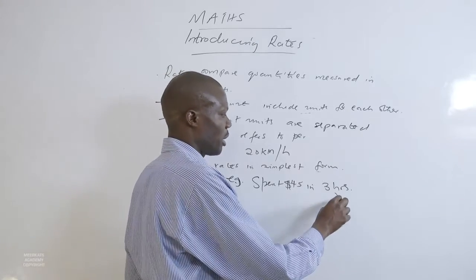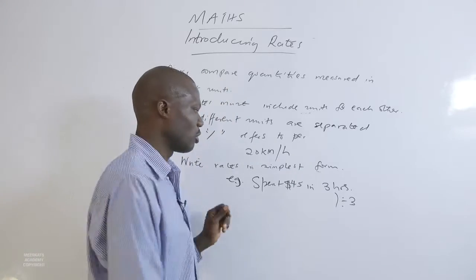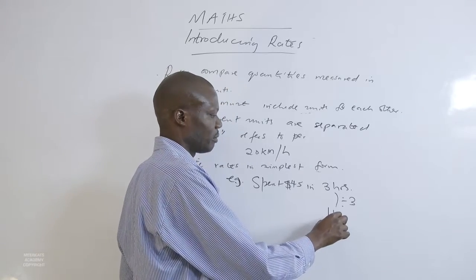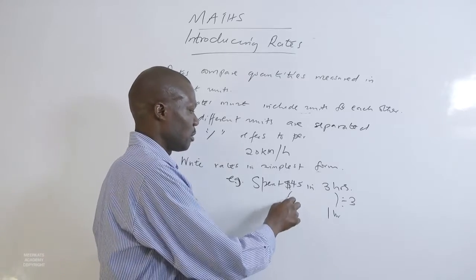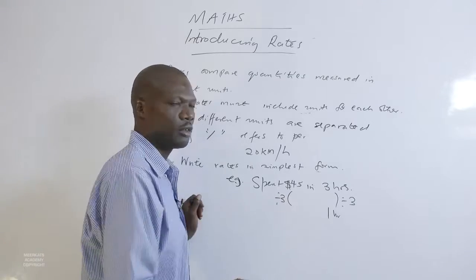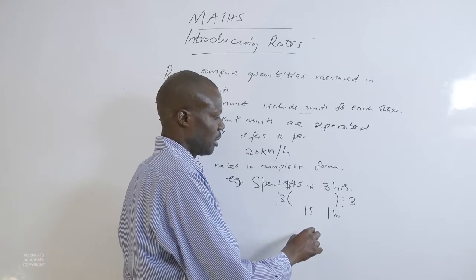So we shall be required to divide by 3, so that you have 1 hour, and 45, you divide also by 3, you get $15.